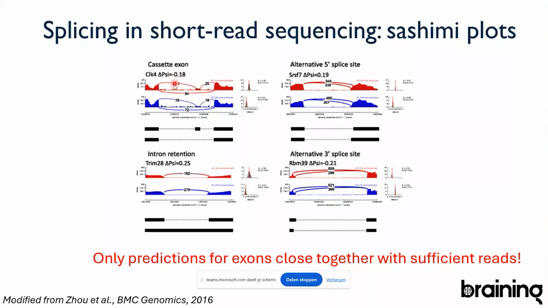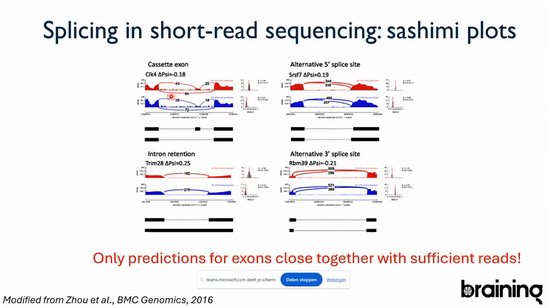From this experiment, I have 40 reads that span the exon-exon junction between the first exon and the second exon. On the other hand, between the second exon and the third exon, I have 25 reads that span the exon-exon junction. So what information can I get from this? I know that exon 1 is next to exon 2 in the mRNA and that exon 2 is next to exon 3.